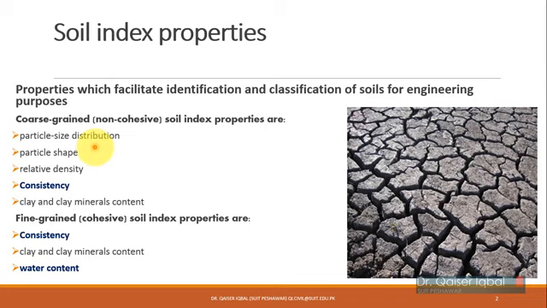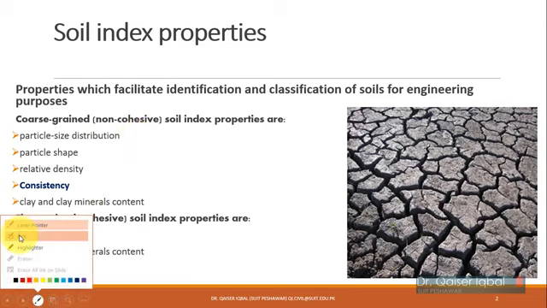Like in previous lectures, we already discussed well-graded sand, well-graded aggregate, poorly graded sand, or uniformly graded sand, etc. Every material was different from another. Some material was uniformly graded sand, some was well-graded sand, some was gap-graded aggregate or sand. So according to particle size distribution, you can say that different types of aggregates are different from each other.